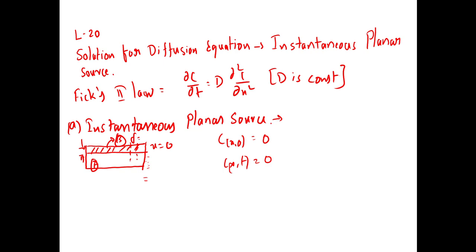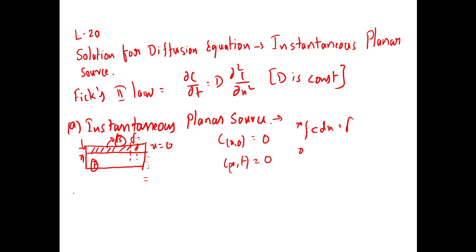This is the meaning of these boundary conditions, and we consider the quantity deposited per unit area as delta, given as the integral from 0 to infinity of C dx equal to delta.